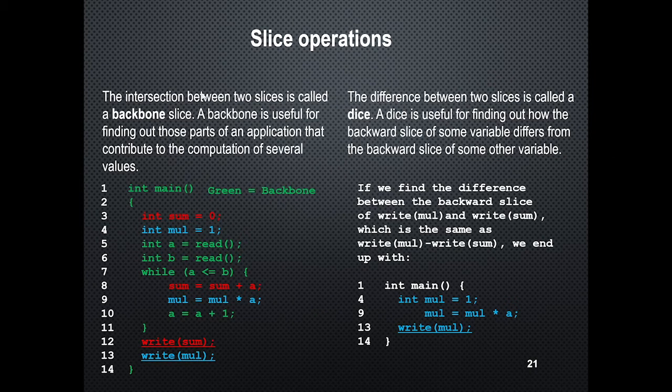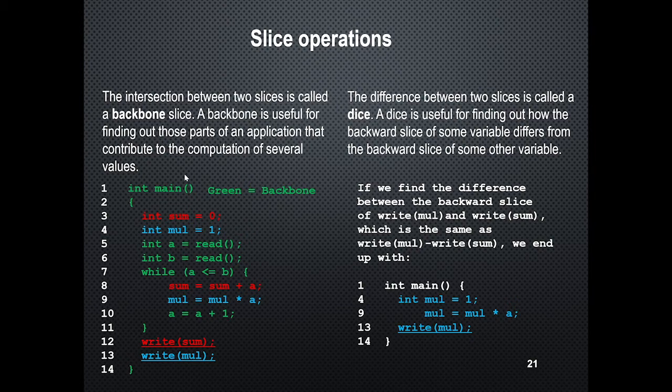And then there's two more slice operations. The intersection between two slices is called a backbone slice. A backbone is useful for finding out those parts of an application that contribute to the computation of several variables.